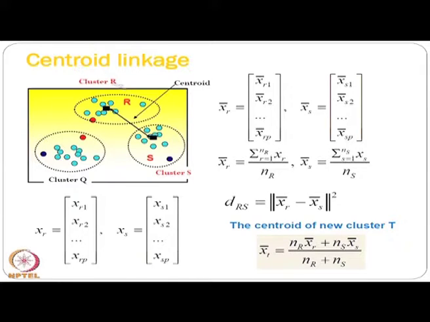Then once these two clusters are joined, the number of clusters will reduce by 1. Again you repeat the process for the remaining clusters, so long as you have not reached only one cluster.